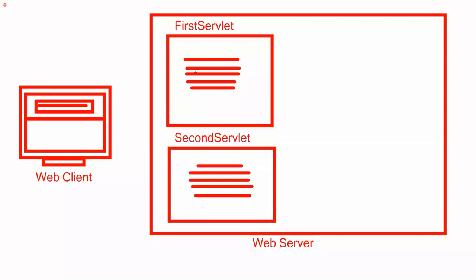Suppose at the top left corner one company logo is required. So that company logo is required here also. Like this, suppose 100 servlets are there. In every page, I want to display the company logo. Instead of writing it here, we can make it separate, for example, a logo servlet.